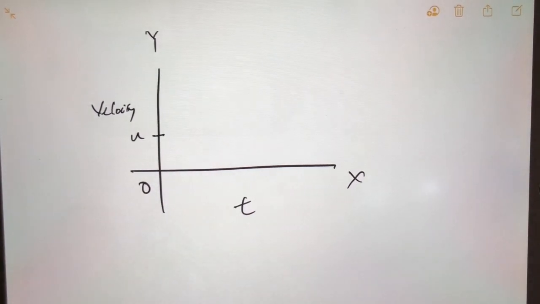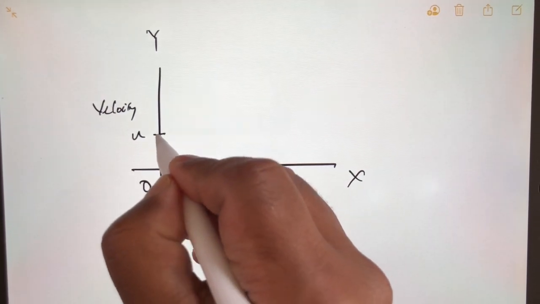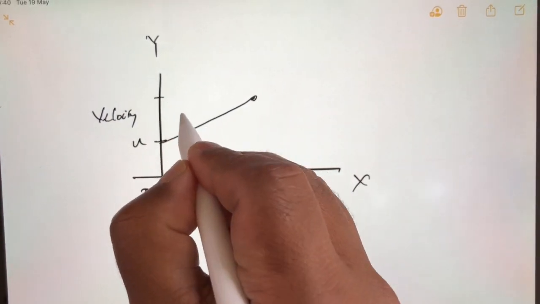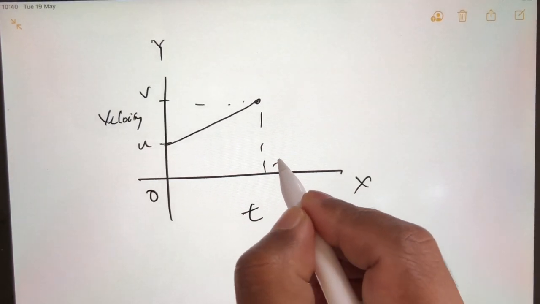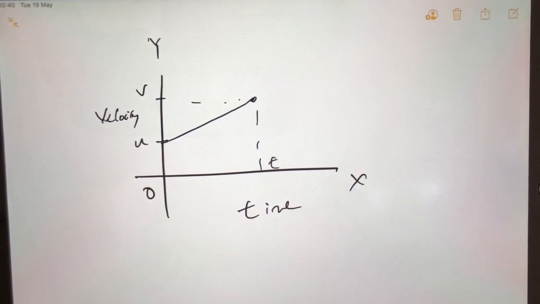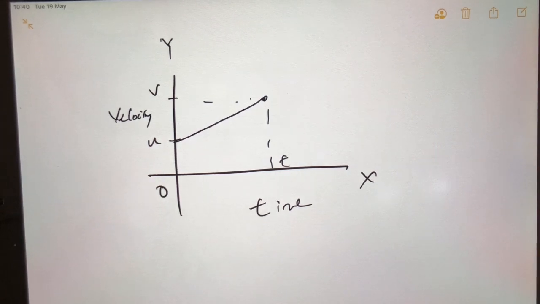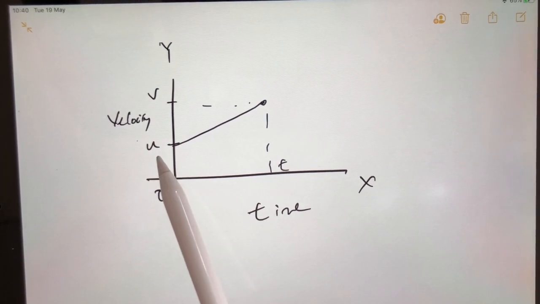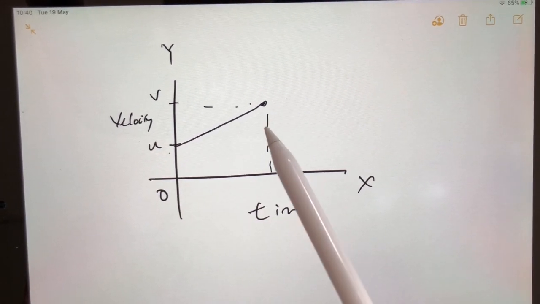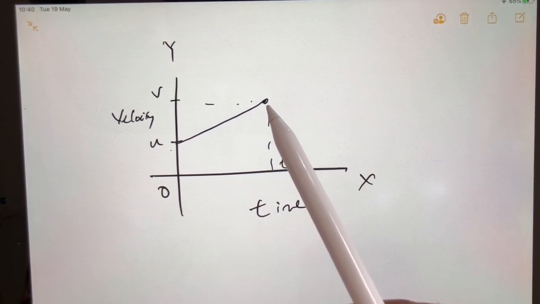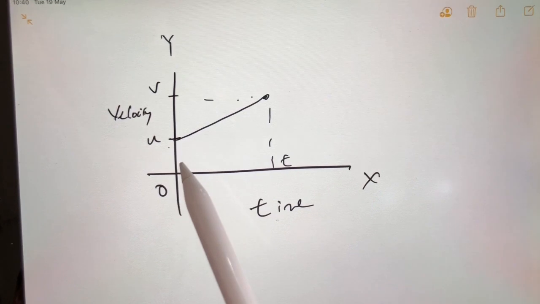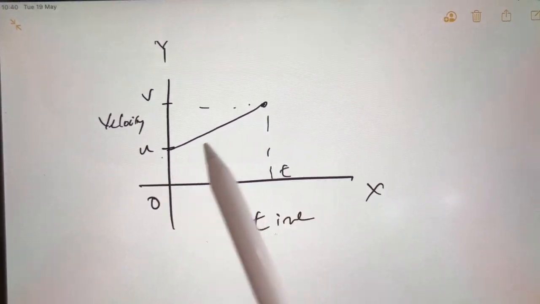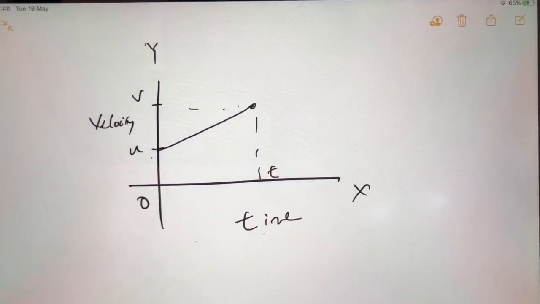But let's say it's starting from here, and then its velocity becomes v after time t. So it's a simple graph. The initial velocity is u and the final velocity after time t is v, and the fact that this is a straight line shows that the rate of increase of velocity is constant. That means acceleration is uniform.